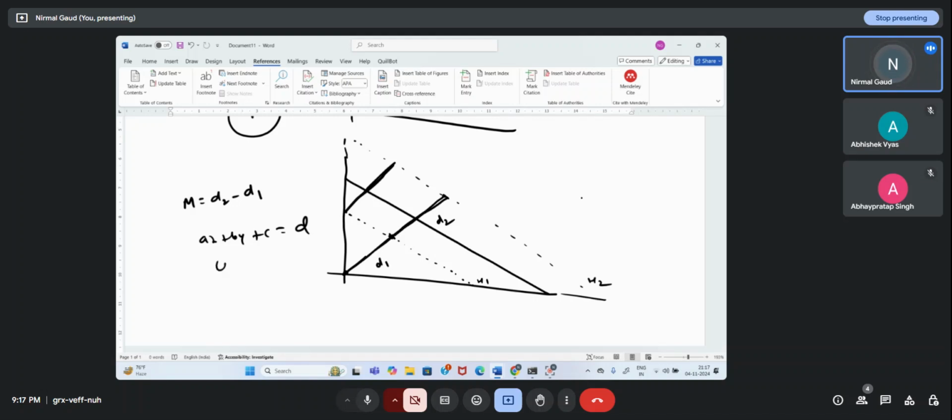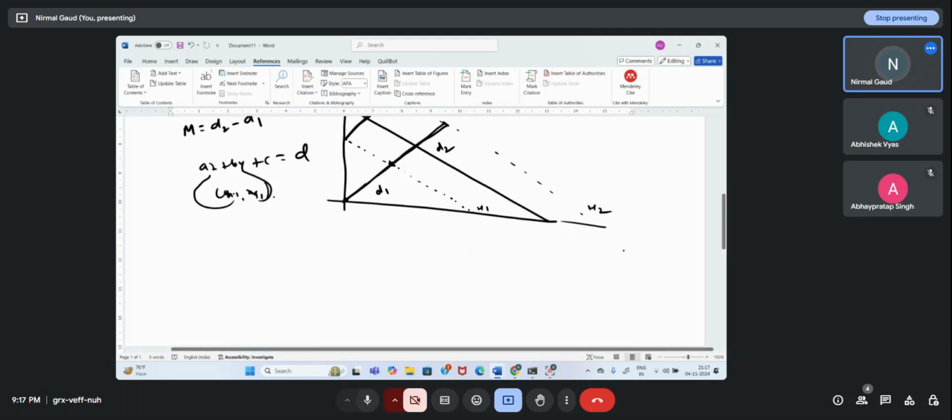So if I need to find the distance of the point x1, y1 from the line, we can put the values in the equation.